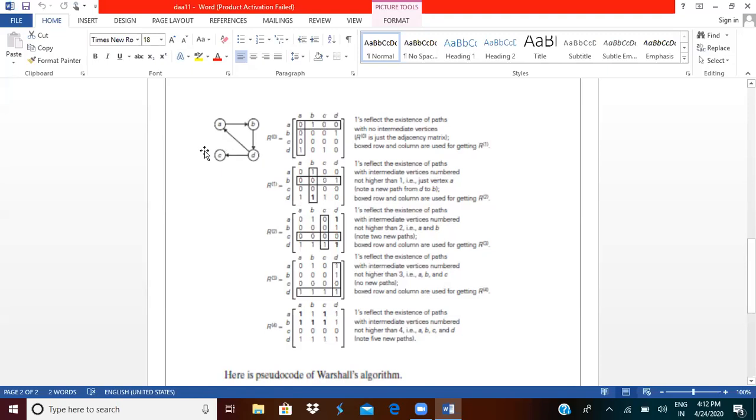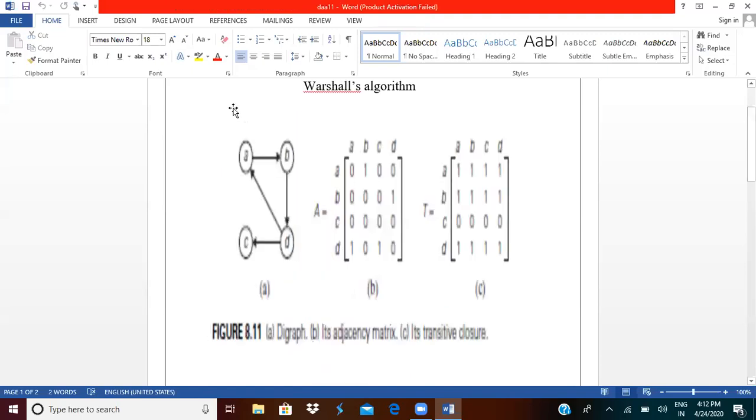Given any directed graph or digraph, if we have to find a transitive closure for that graph, that means given this graph, I need to get this matrix. What is that process called? That process is called Warshall's algorithm. We are going to apply Warshall's algorithm and we are going to get a transitive closure. This is a transitive closure for this digraph.